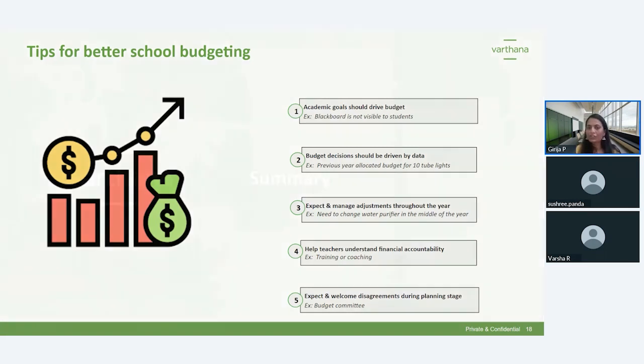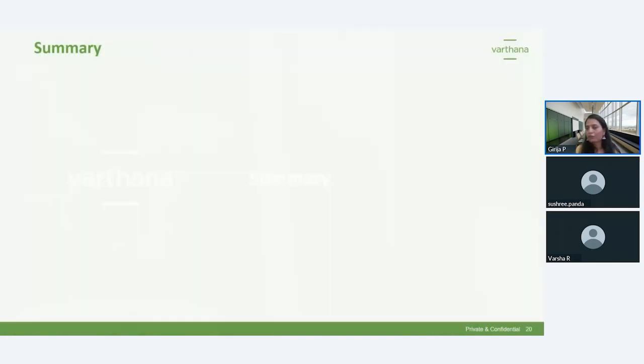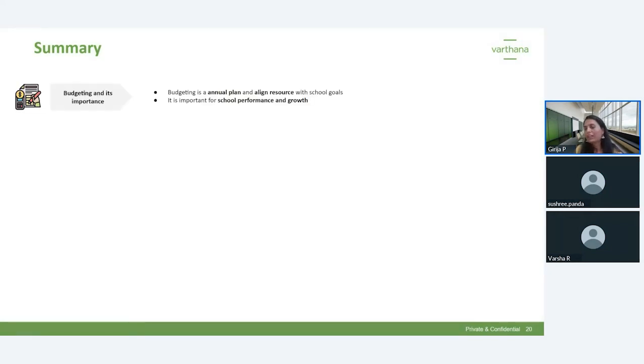Let's summarize what we have talked about so far. We started our session with budgeting and why it's important. Budgeting is the annual plan that aligns the resources with your school goals, and it's important for school performance and growth. Then we talked about the steps for school budgeting: identifying the school expenses and revenue, how we can do resource allocation, and how we can do planning and monitoring using different tools.